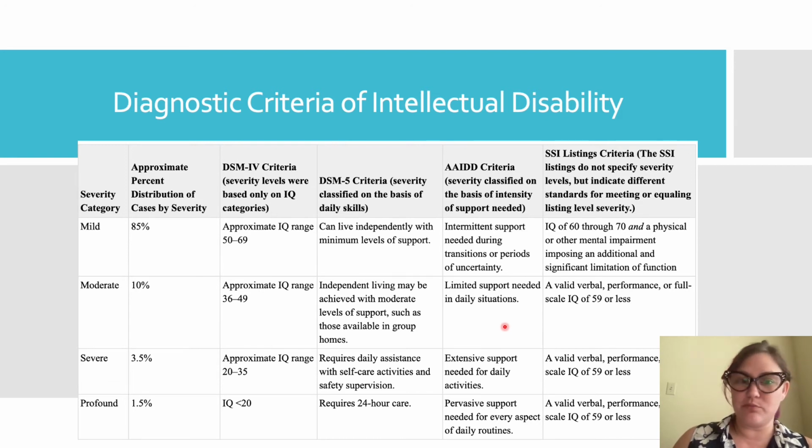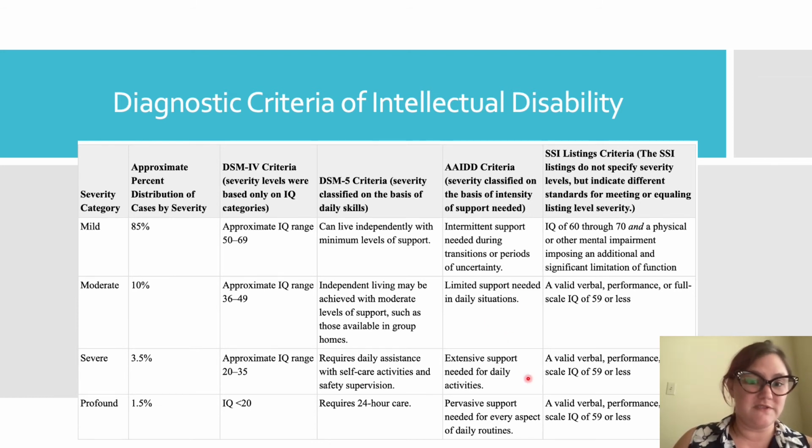Moderate means limited support is needed in daily situations. So this might be someone who needs a caretaker to come help them cook their dinner or drive them to work. So there are some things that they need daily support with.